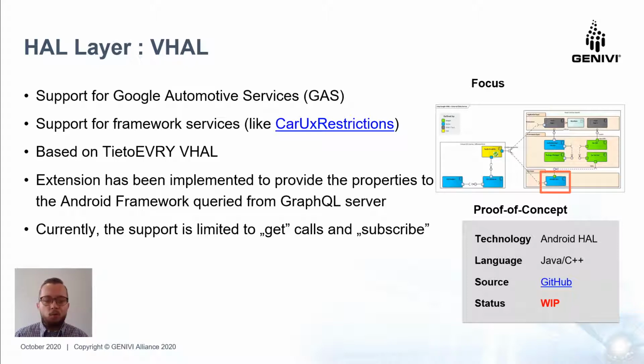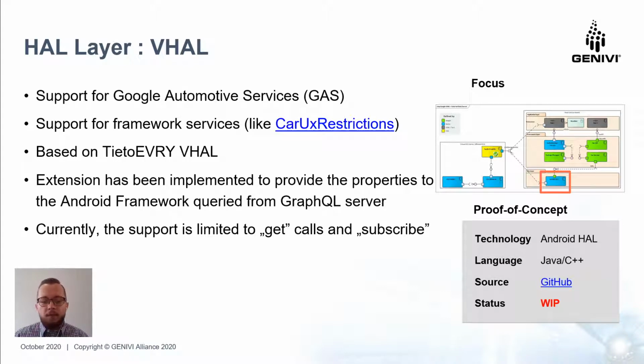It took care of the boilerplate required by Google, so we were focused only on writing the interaction with GraphQL. Other properties are provided by the default implementation of the Tieto Euro vehicle HAL.